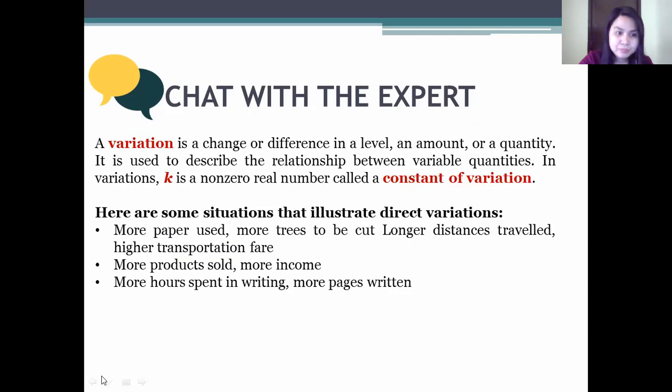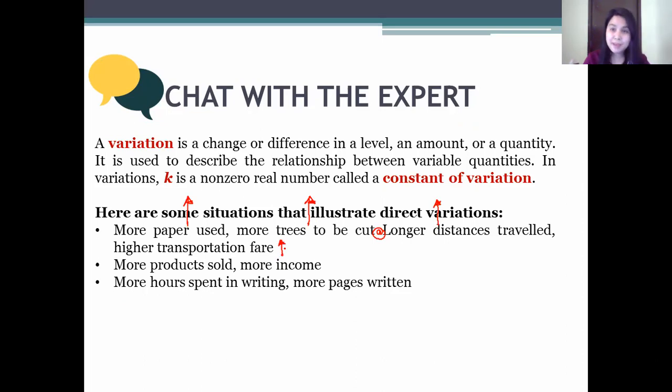Example, here, more paper use, if we use more papers, then more trees will be cut. Another, the longer distances you travel, the higher the transportation fare will be, right?